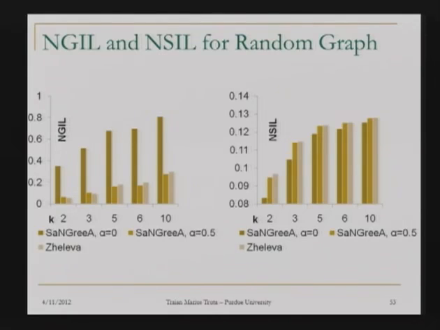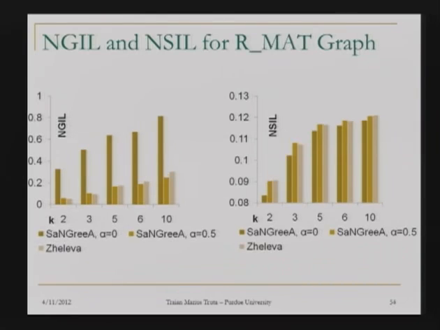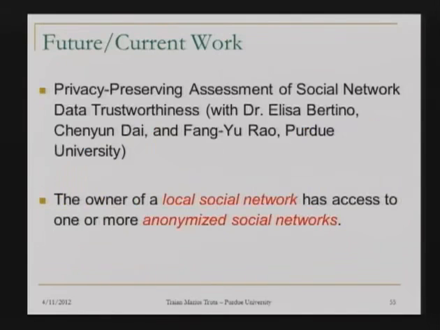So it's exactly what we expected. For structure information loss it is the reverse. Alpha equals 0 means we use just the structure and we don't use the node information. Therefore, those values are lower. And the results for random graph as well as for RMAT graphs are quite similar. So this motivates that our solution works for different types of graph models.